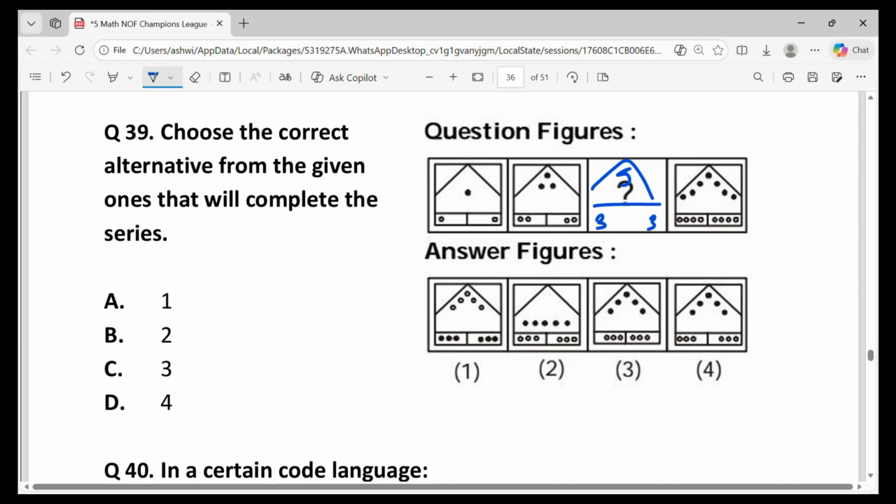Comparing with the given options, the answer can be 1, 3, and 4. Not 2 because the dots above are in the triangle form. Now, not 1 because we can see that the top dots are bold and the bottom ones are hollow, which is not the same. In 3 and 4, we can see that the lower dots start from outside to inside, that is in option 4. So the answer is D, 4.